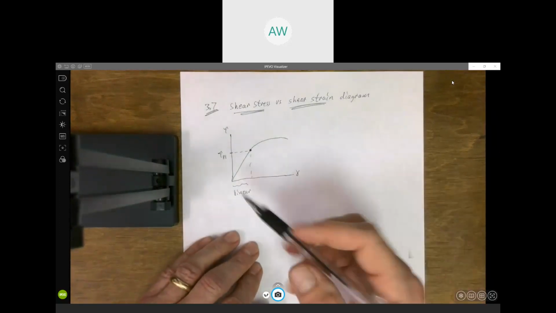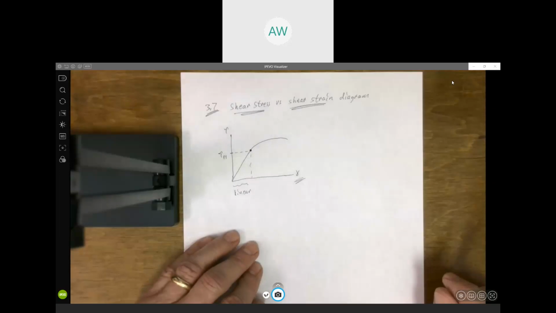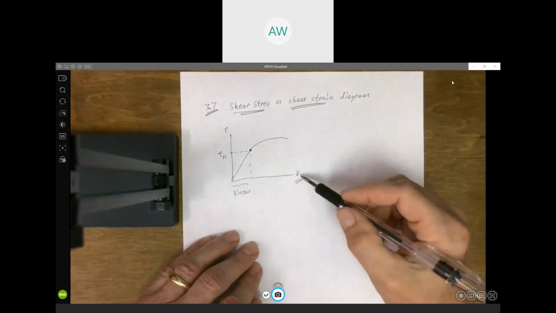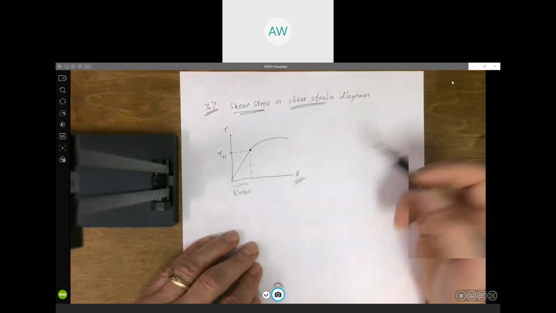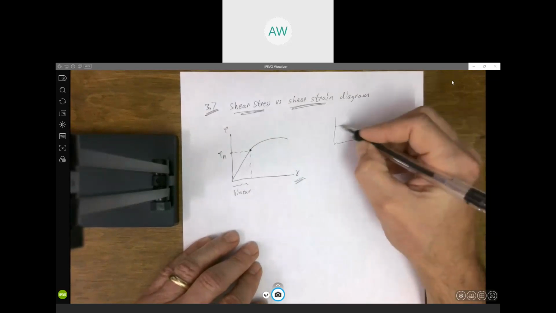And remind you, we talked about shear strain the other day, whereas normal strain was change in length over length. Remember, this shear strain was the angle of distortion.